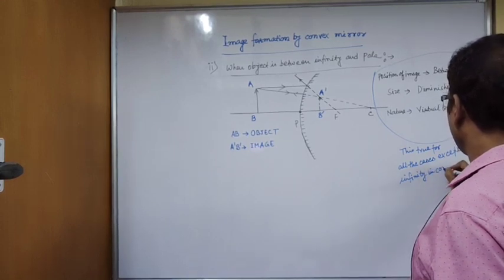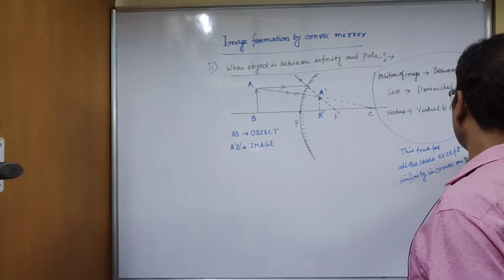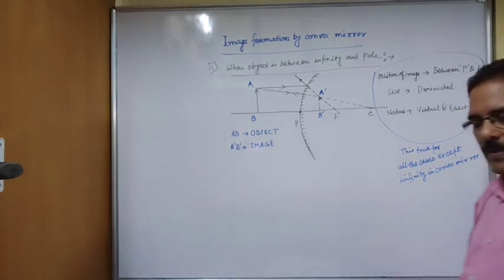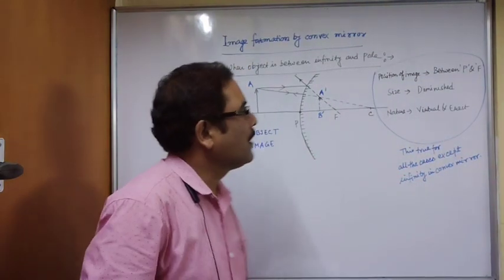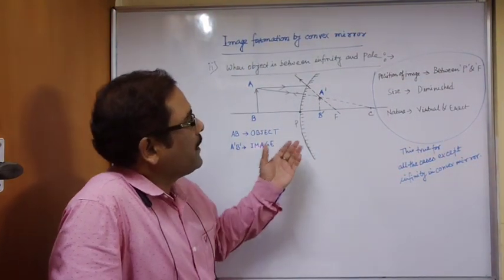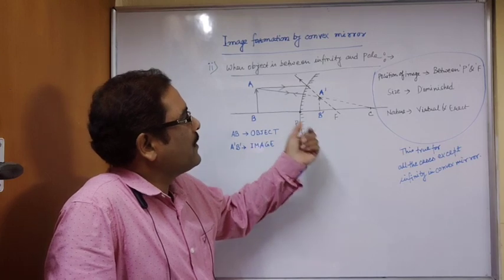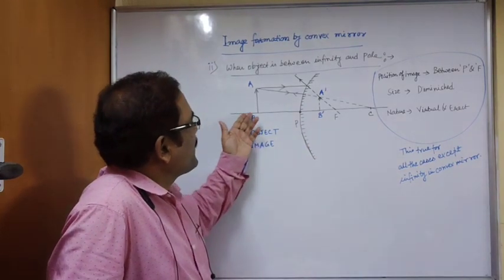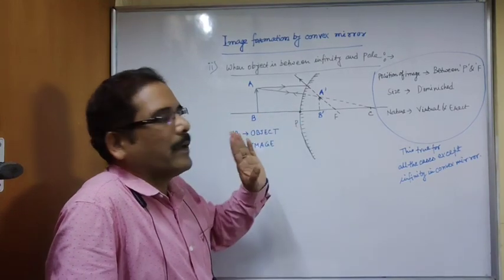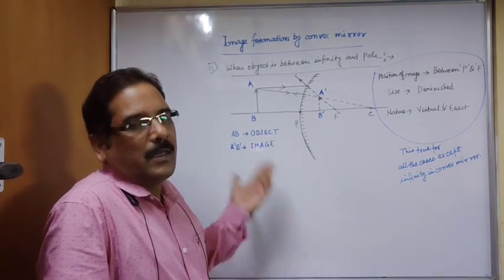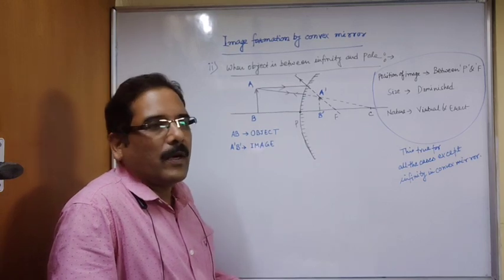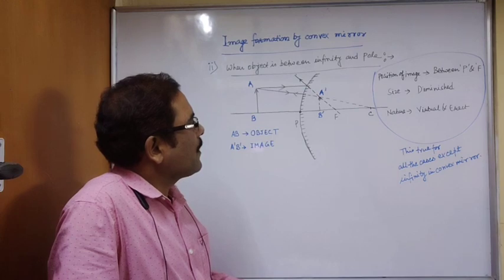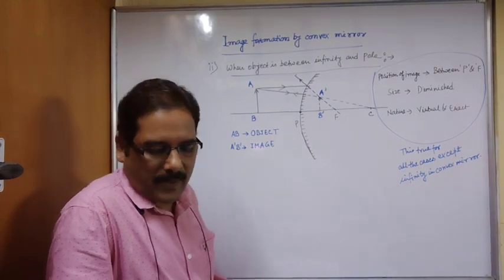So whatever be the position except infinity, you will get the image between P and F, a diminished image, and it is virtual and erect. Whether the object is here, here, here, here, anywhere. It may be beyond C, at C. So whatever be the position, you will get virtual, erect, and diminished images.